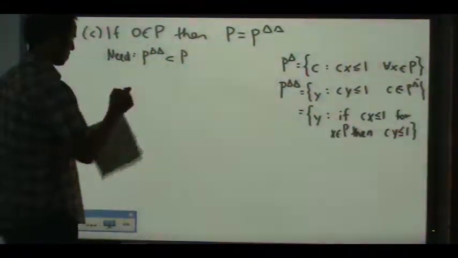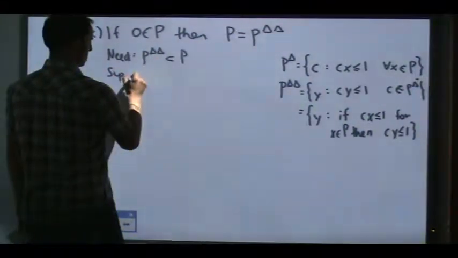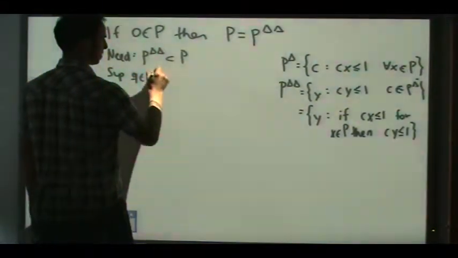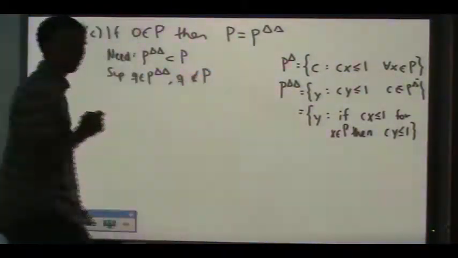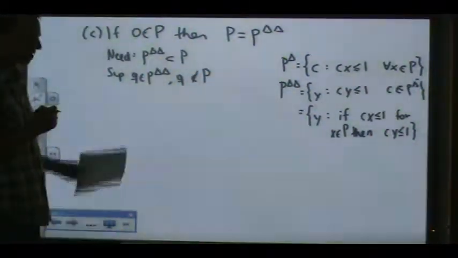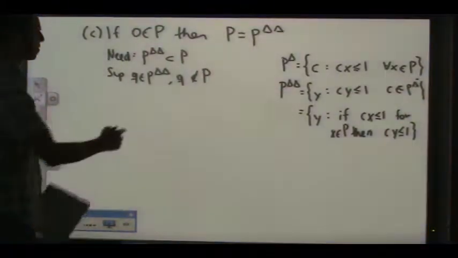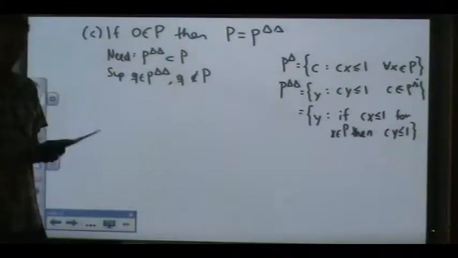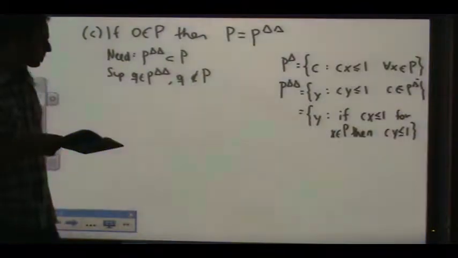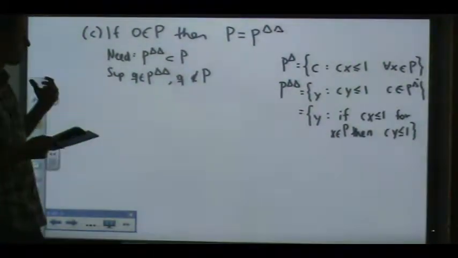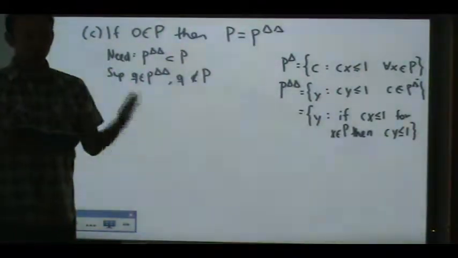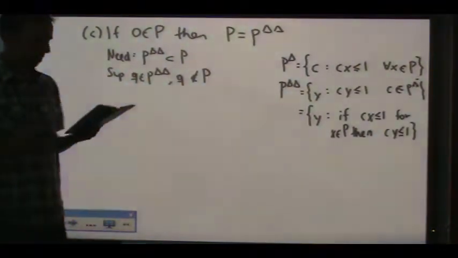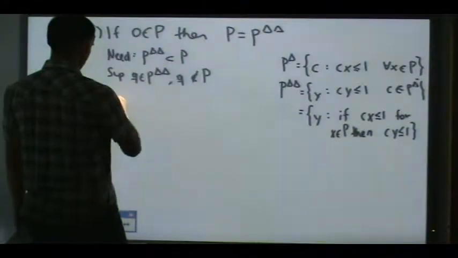So suppose that I have a Q in P dual dual, but Q is not in P. Let's find a contradiction. What does it mean for Q not to be in P? Well, we know that if a point is not inside a polytope, then some inequality certifies that.